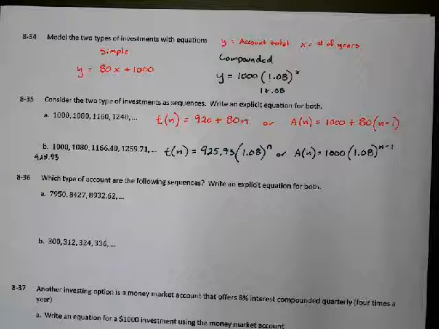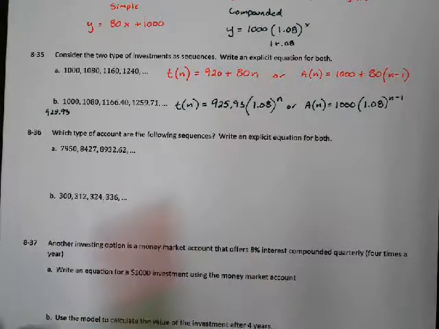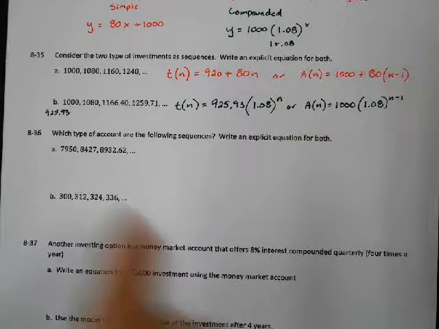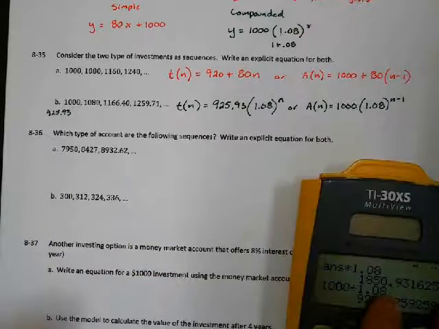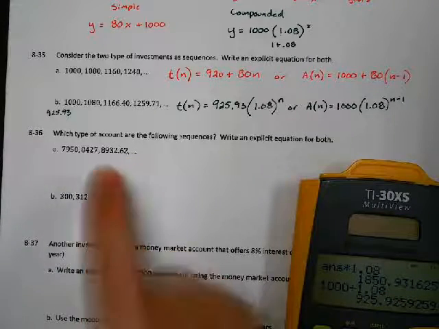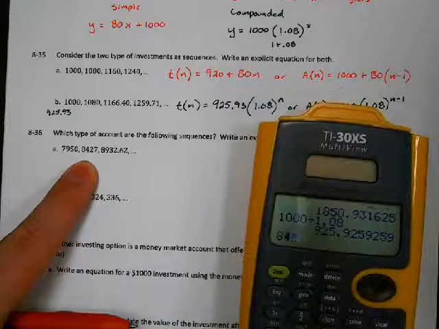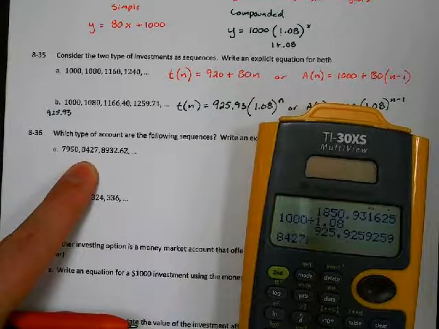All right, which type of account are the following sequences? Well, let's see what's happening here. Are we adding the same amount each time? Definitely not, because of that 0.62. So let's take 8427 and divide by 7950. Comes out to 1.06.